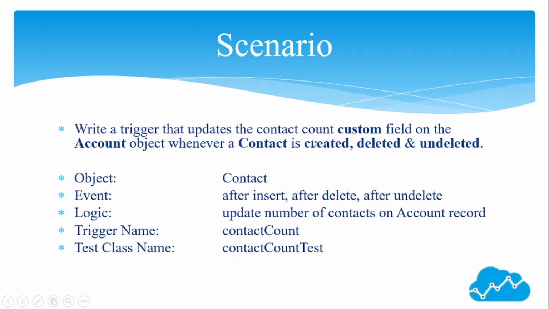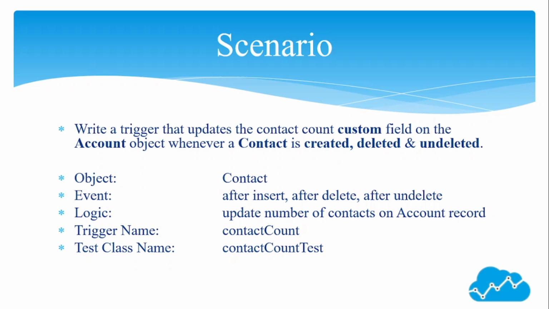On the account object there is a custom field by the name contact count. It should be updated whenever the associated contact record is getting created or deleted or undeleted.